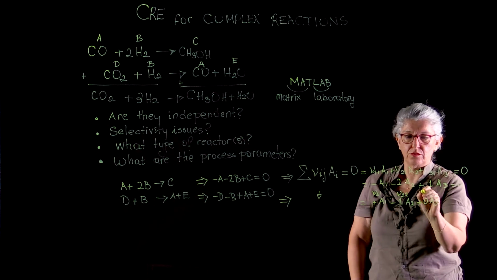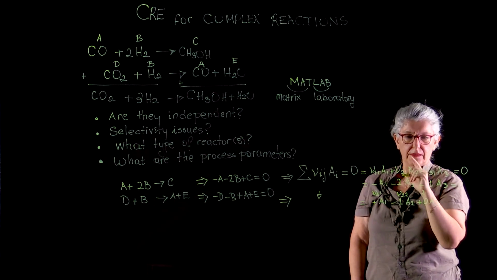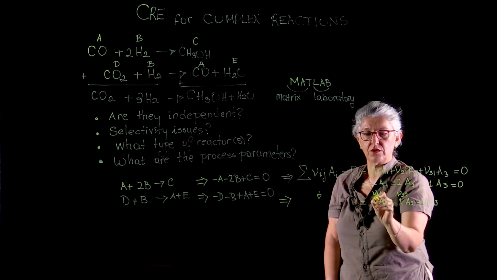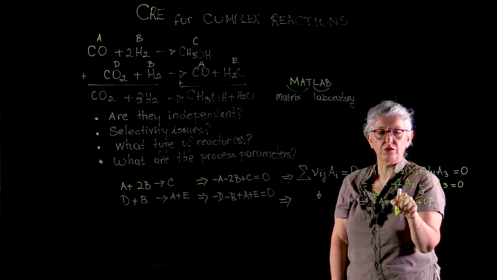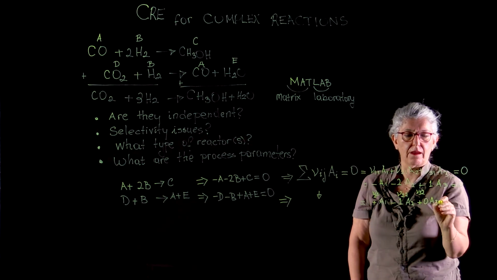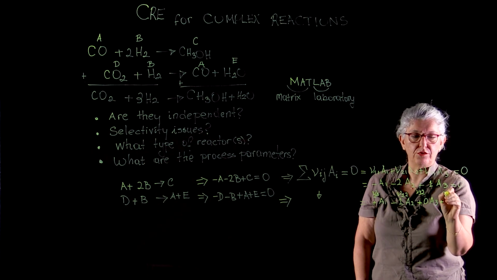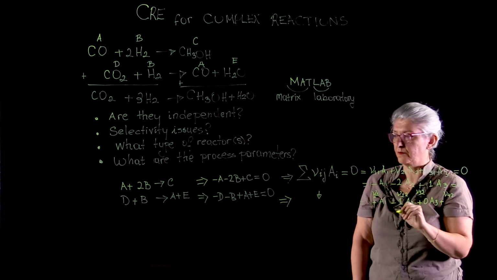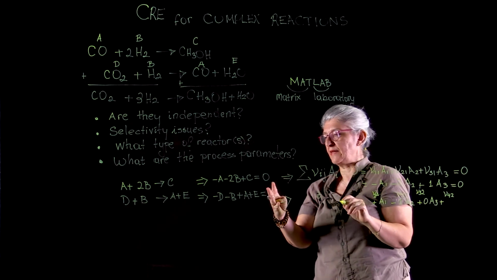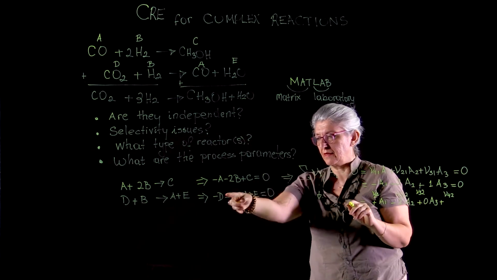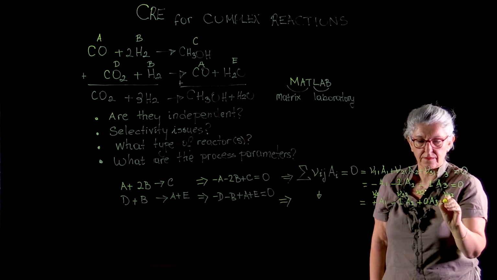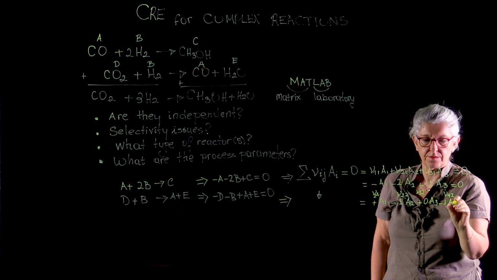Nu 1 2, I'm sorry, nu 1 2, nu 2 2, nu 3 2 plus nu 4 2. Nu 4 2, our fourth component is D, minus 1, A4.